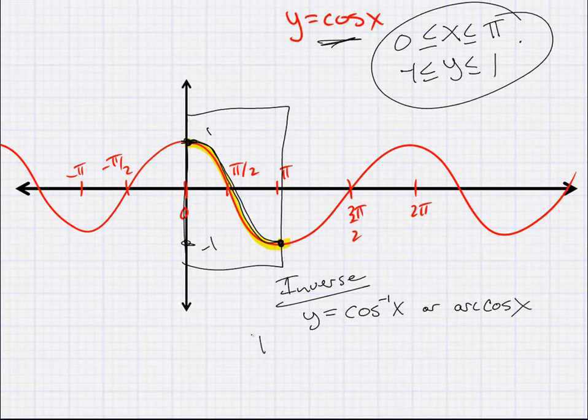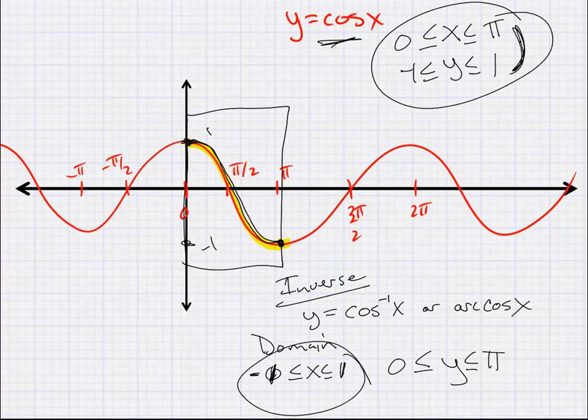The domain for this function is x values between -1 and 1, and the y values have to be between 0 and pi, because it's the reverse of these. So these are the things I can plug into the inverse function, and these are the answers I'm going to get out.